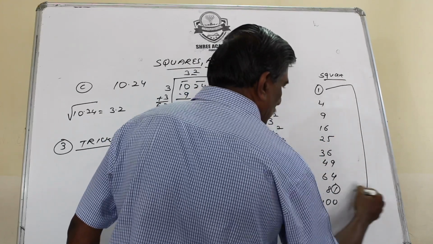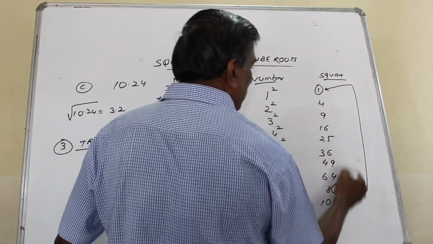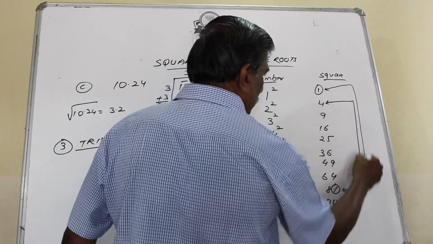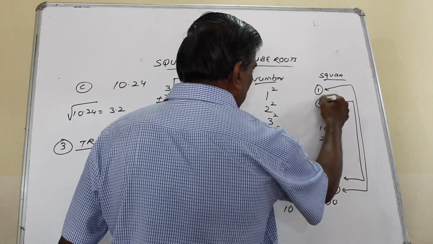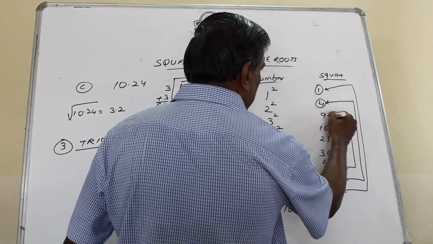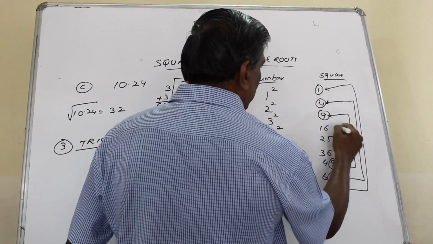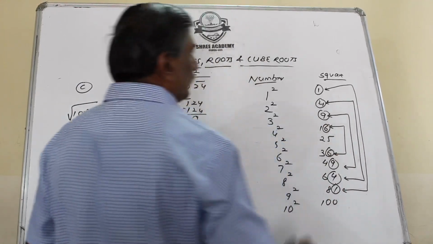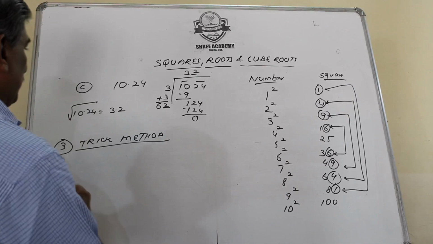Now when you see this, we can come to know, just see the units place: 1 and 1, they become a pair. Similarly 4 and 4, they will also become a pair. Similarly 9 and 9, and 6 and 6, they will also become pairs. Now what does this mean?